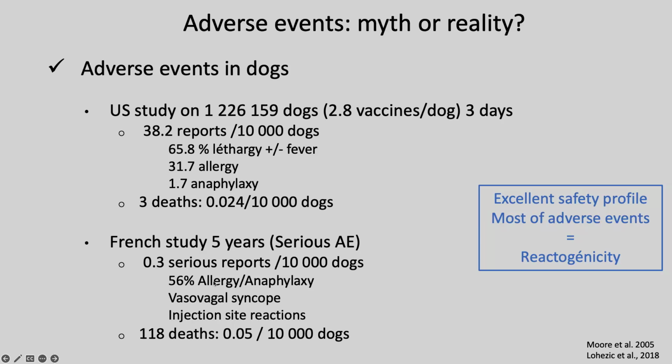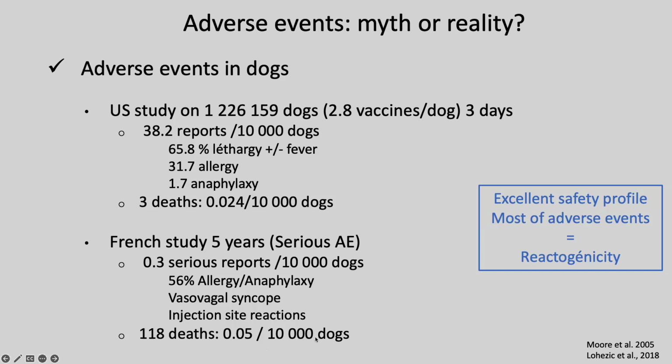Half of these reactions were linked to allergy, and the other part was vasovagal syncope or injection site reaction. During the 5 years, we had 118 declarations for death without a direct link between the death and the vaccination, which means a very, very low ratio of declaration.